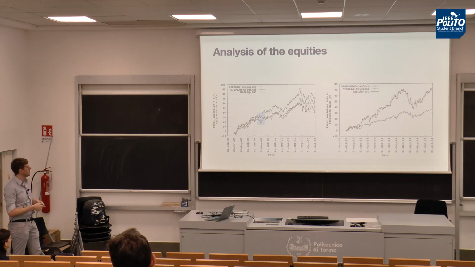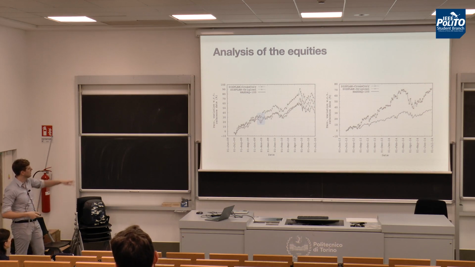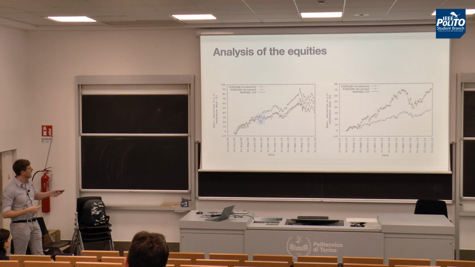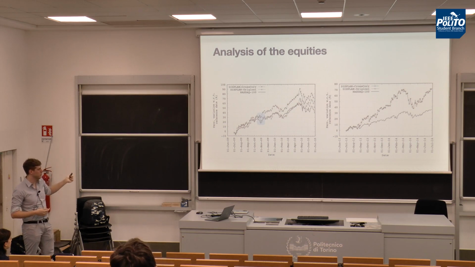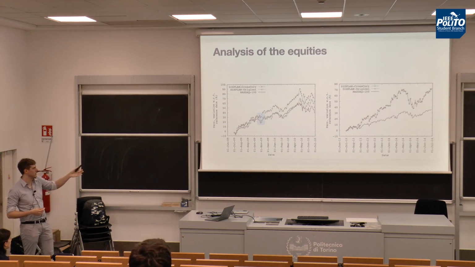So, just a really short analysis of the equity results. The one with a lot of x's is the cross-correlation version of this plan, and the line is just the market, what is happening to the index.